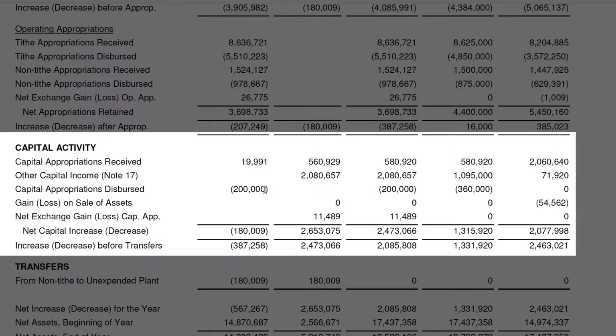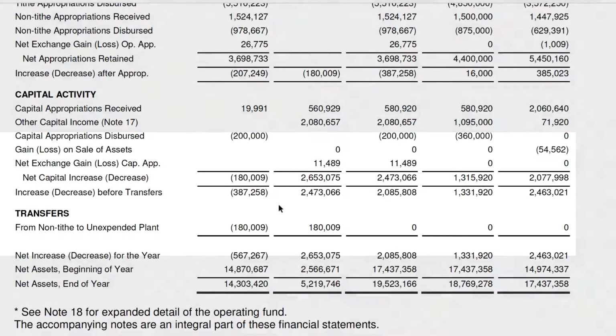And here we have given out some money to help other people build buildings. And we have a little bit of exchange gain or loss. Also, it doesn't show up here, but if we had purchased a building or purchased equipment, it would be a reduction here. Or if we had sold a building, it could be an increase here.